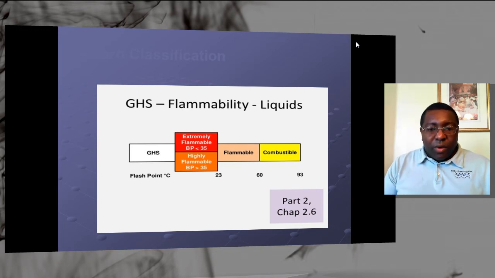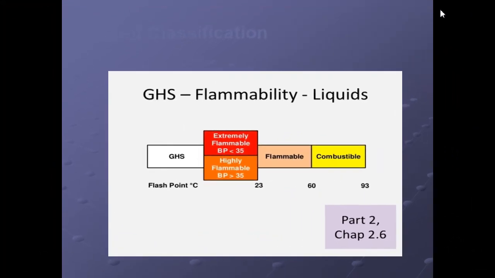So, extremely flammable. BP means boiling point. If the boiling point is less than 35 degrees Celsius and the flash point is below 23 degrees Celsius, then you have an extremely flammable material.